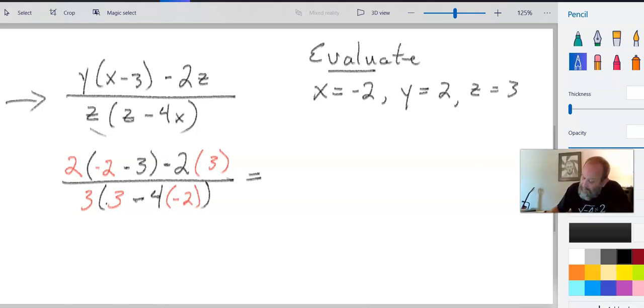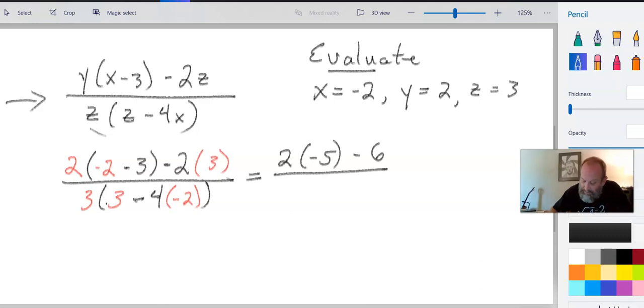So let's see. I'm going to start with, I've got parentheses in the top, and I have some stuff going on in parentheses in the bottom. So I'll do one step in each one of those. Negative 2 minus 3 is negative 5. So this is now 2 times negative 5 minus, and then because the answer I get for this product is not going to affect the answer I got for adding negative 2 plus negative 3, I can work that out at the same time.